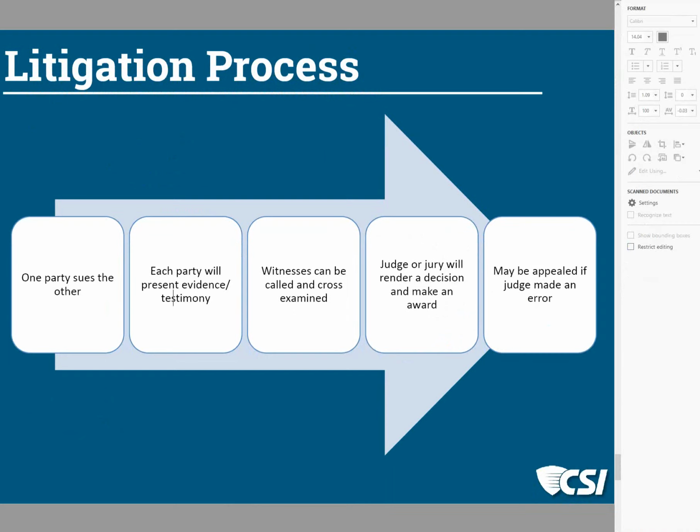And once that is concluded, then a judge or a jury render a decision, and they make an award, and that's pretty much final, unless there may be an appeal process because the judge in the case made an error, which is rare, but it happens. So typically, once litigated, the dispute comes to a close.